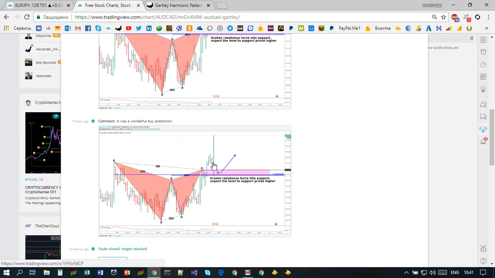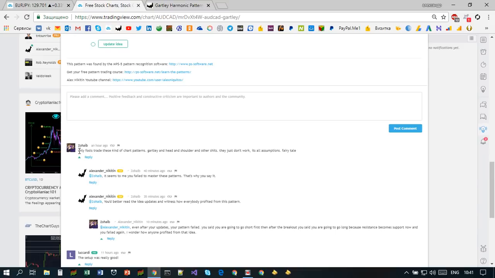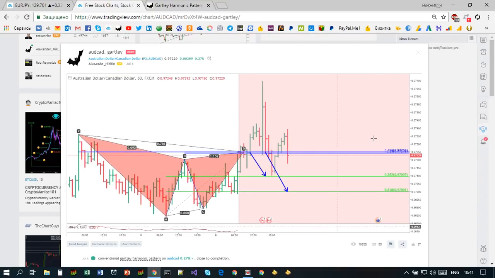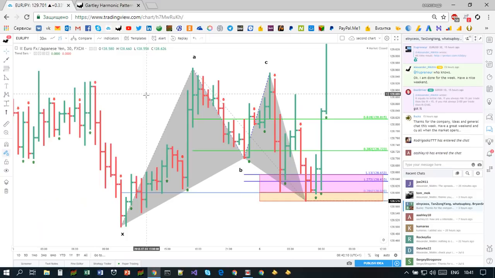And next it did exactly that. It came to retest and bounced to the upside. That's why it was updated as target reached. So those guys who type these comments simply don't understand this, and they look very funny. They don't know what they are talking about.